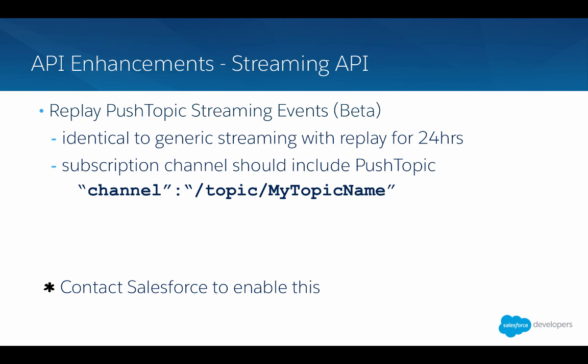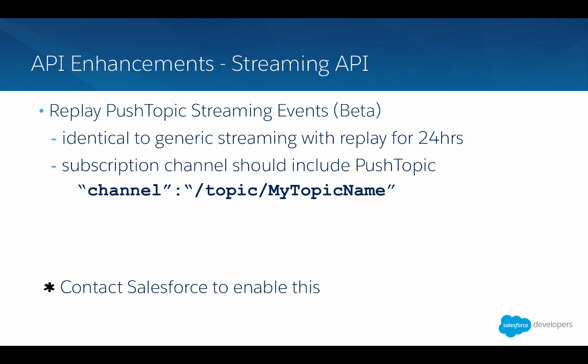So now these event objects actually have a field for the replay ID, and if you were to supply the replay ID in your REST call, then it would put the head at that replay event and then give you all of the events subsequently after that. If you fed it -2, that's going to subscribe to all events in the last 24 hours, and a -1 would get you all of the events after that subscription.